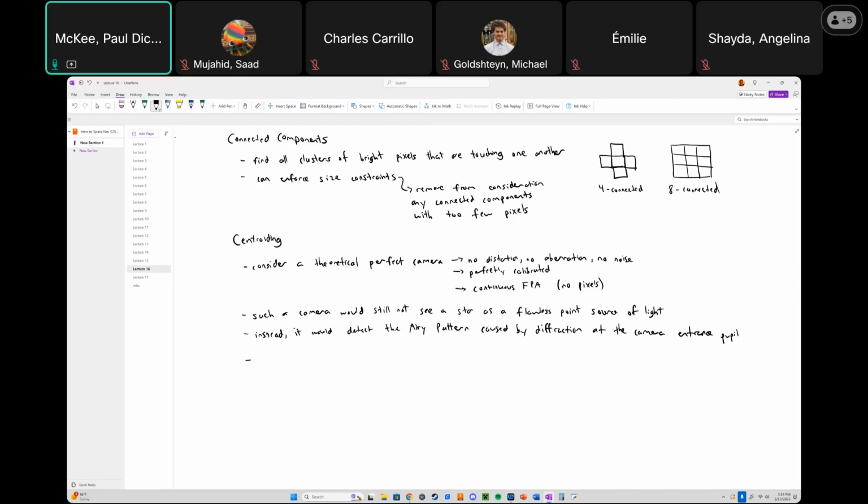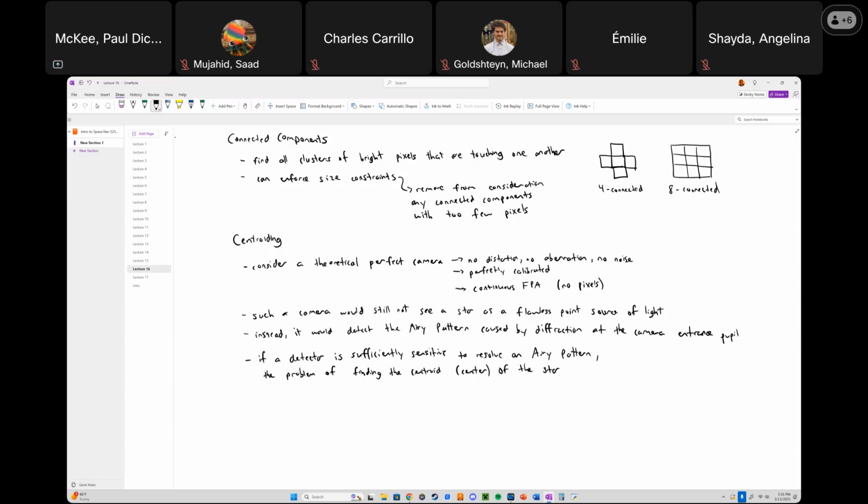If a detector, and there are cameras that are good enough that you can detect an Airy pattern, if a detector is sufficiently sensitive to resolve an Airy pattern, the problem of finding the centroid of the star, centroid means center of the star, is called diffraction limited centroiding.